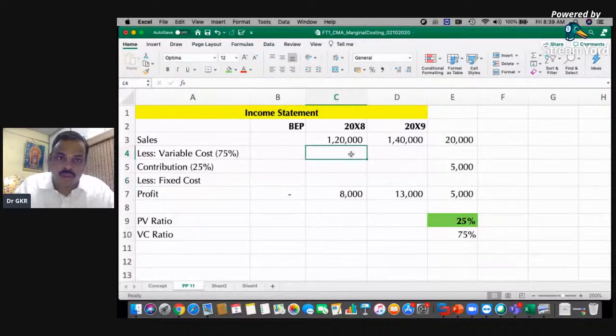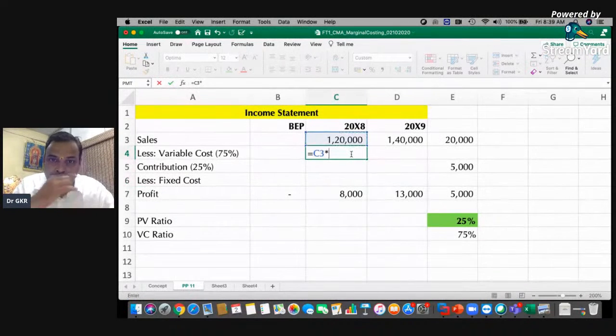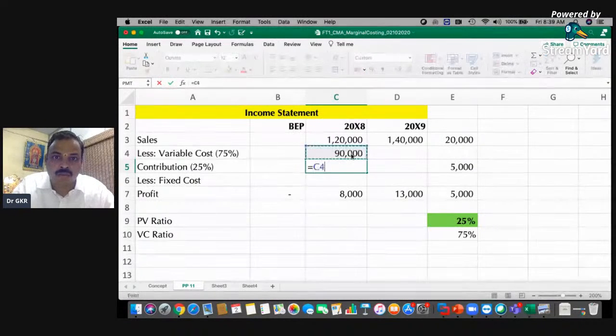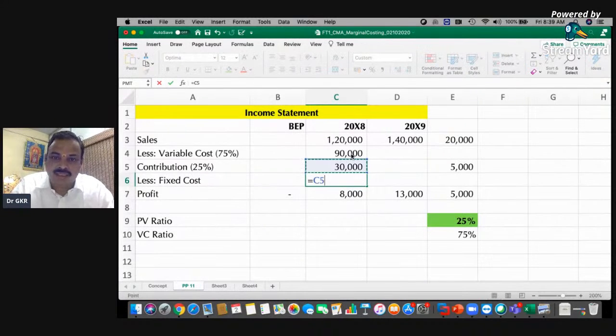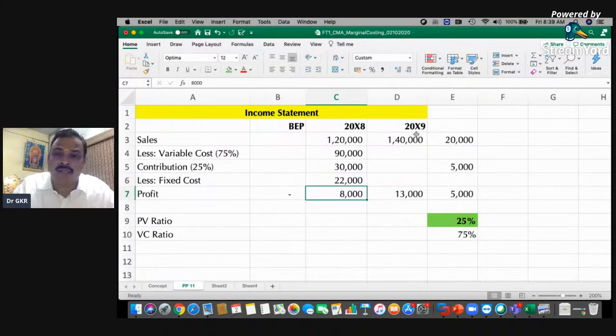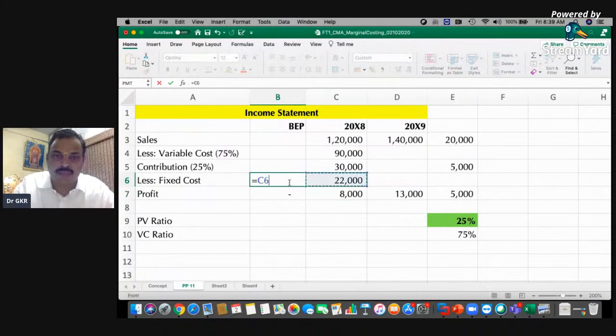Good. So now what is 75% of 1,20,000, which is 90,000. So 120 minus 90 is 30. And what is fixed cost? Naturally 30 minus 8,000, that is 22. Same should be for even, so your fixed cost is going to be fixed here also.